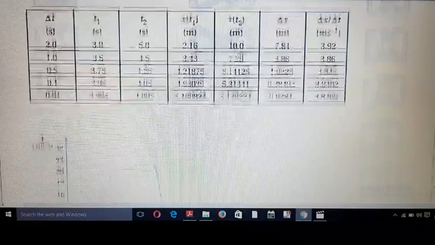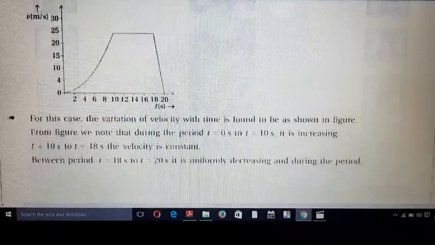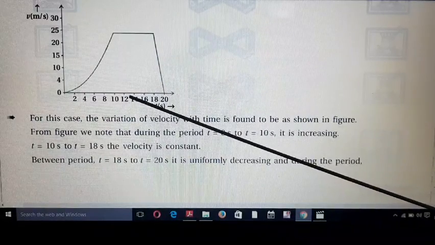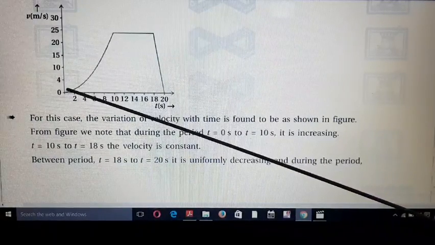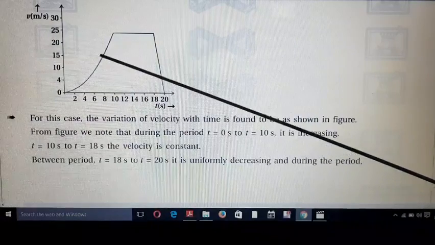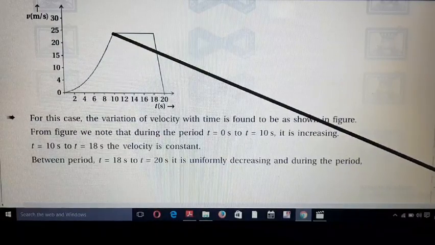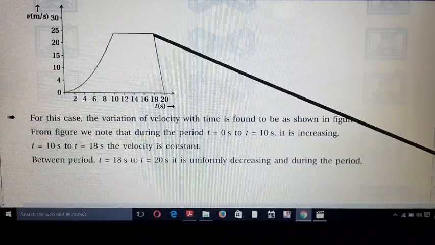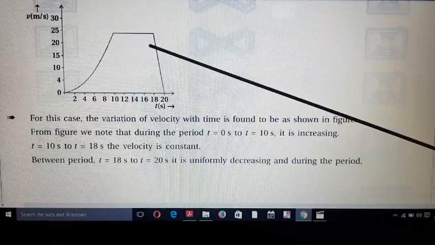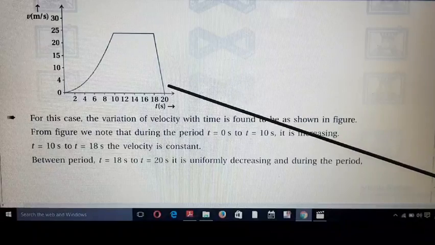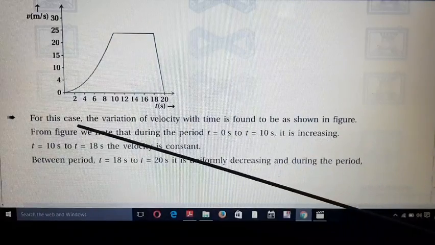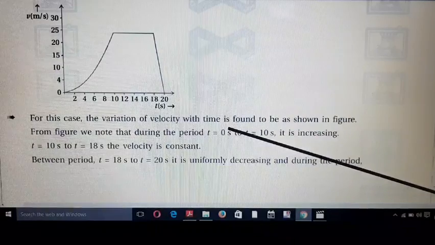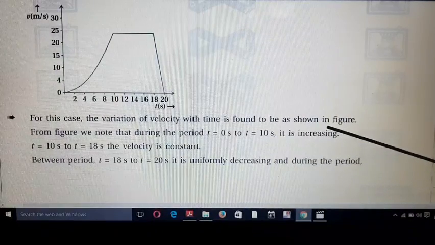Look here, we have one graph available, v versus t. In this case, initially the velocity increases, after that the velocity is constant, and again the velocity is continuously decreasing. For this case the variation of velocity with time is shown in the figure.